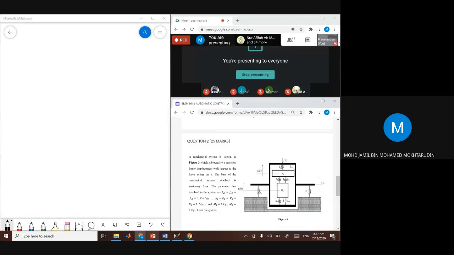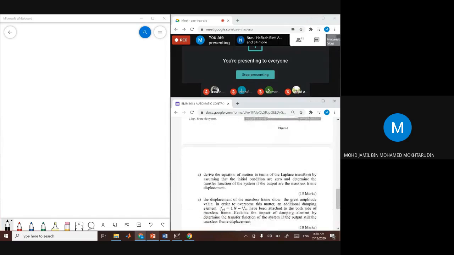The parameters involved in the system are given. From the system, derive the equation of motion in terms of Laplace transform by assuming that the initial conditions are 0, and determine the transfer function of the system if the output is the massless frame displacement.